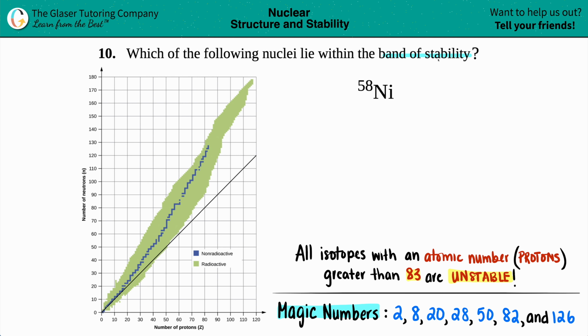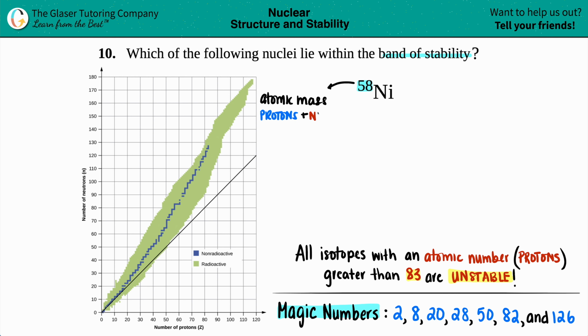Now the easiest way to go about this is to find out the total of protons and neutrons that this specific nickel has. Now they gave us a top number, right? The top number is representative of the atomic mass. Now the atomic mass is good to know because the atomic mass will tell us the total number of protons and neutrons collectively.